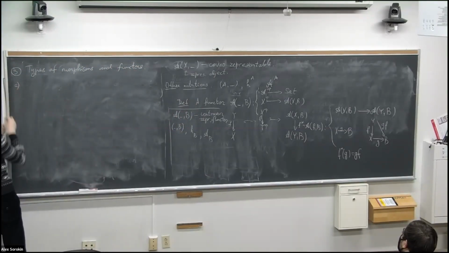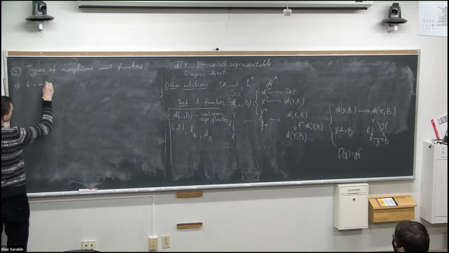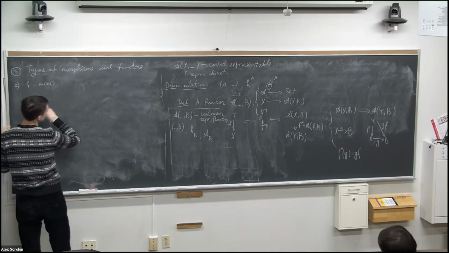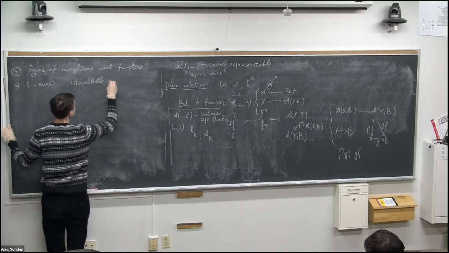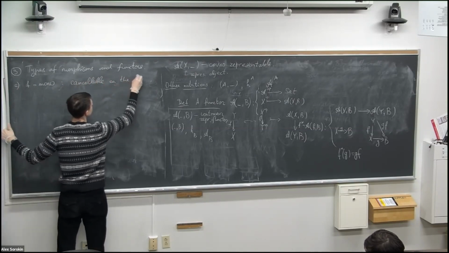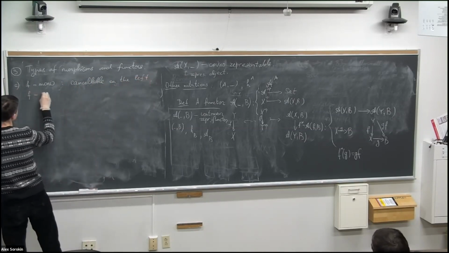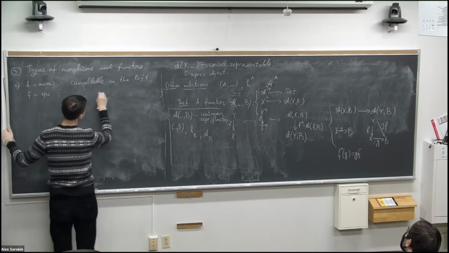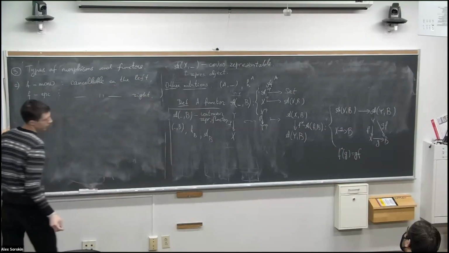A morphism is a monomorphism if it is cancelable on the left. A morphism is an epimorphism if it is cancelable on the right.